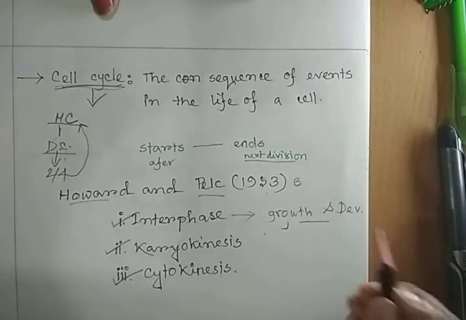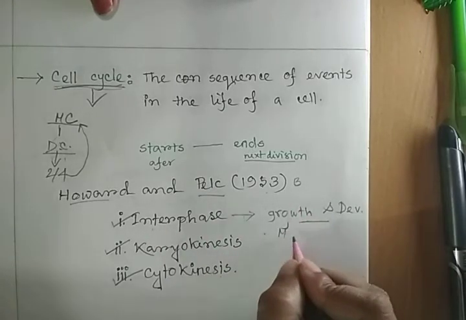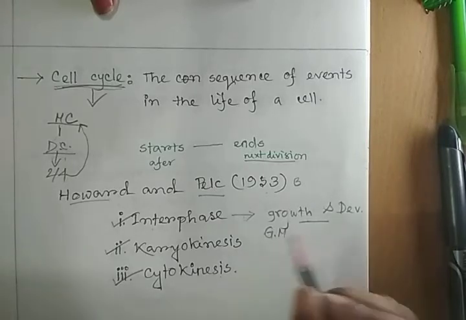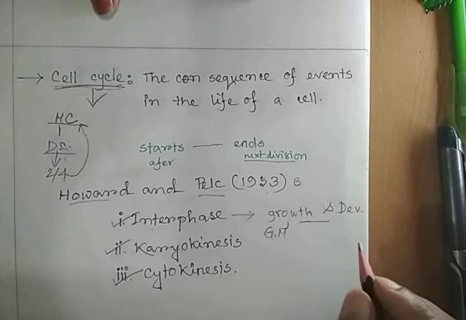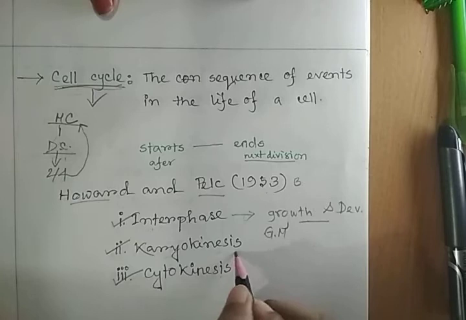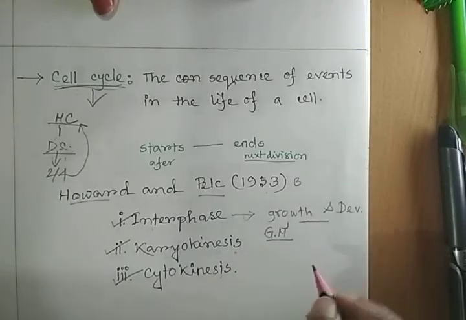During interphase, the genetic material, that means chromosomal material, becomes double for a daughter cell. Karyokinesis indicates the division of genetic material, that means chromosomal division.